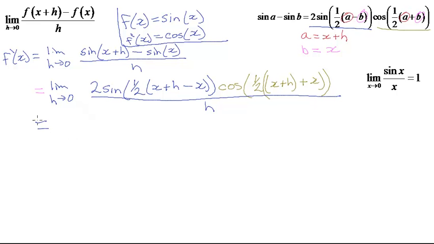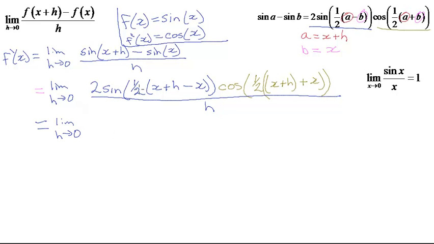Now we'll take it one step further. We're going to do a couple of things here at once. First of all, we're going to take this 2 and we're actually going to bring it down to the bottom, which is kind of counterintuitive. We don't usually want to put an extra fraction in the denominator, but hopefully you'll see why we do that towards the end. So we're going to get rid of that 2 by bringing it down here and dividing the bottom by 2.